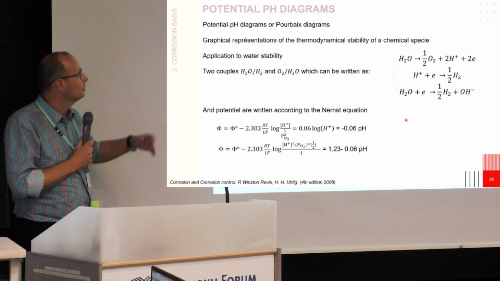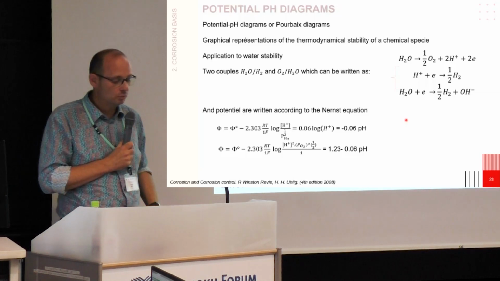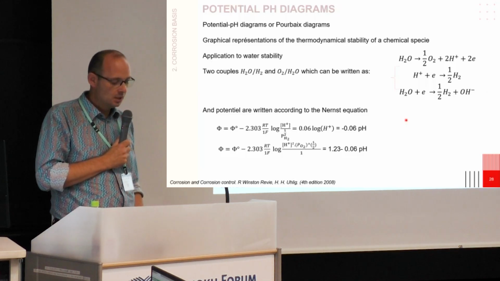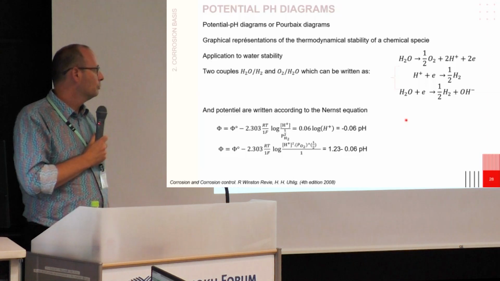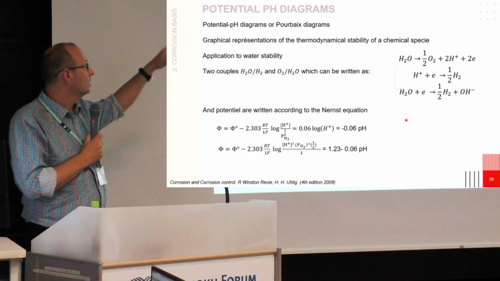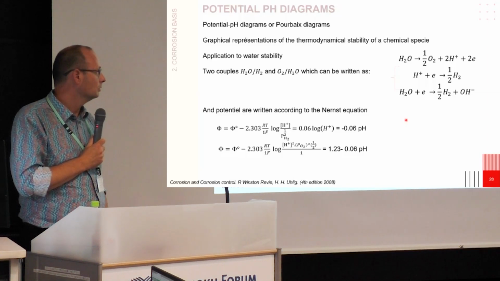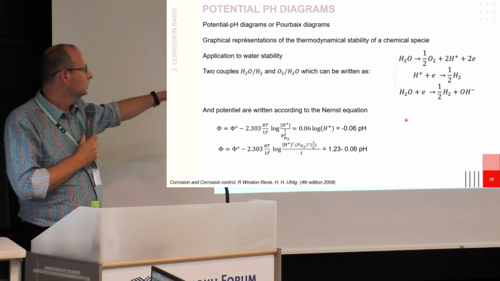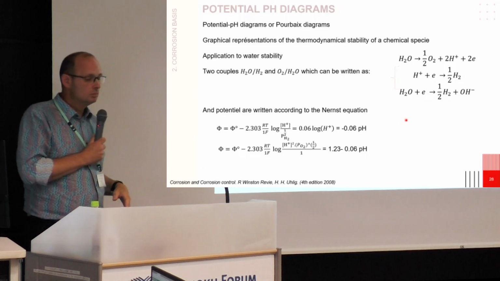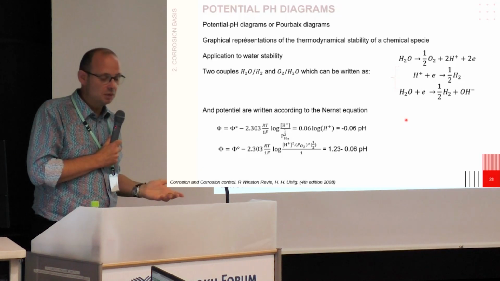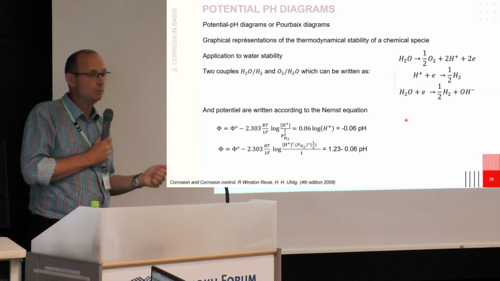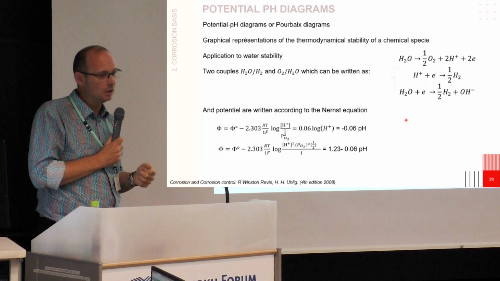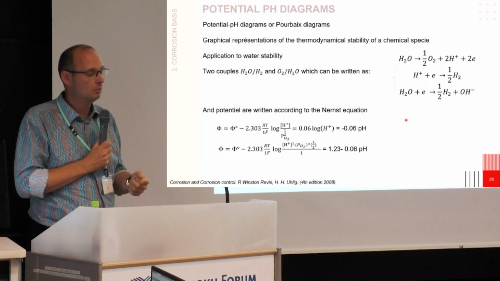I will talk about other diagrams, which are called Pourbaix diagrams or potential-pH diagrams. These diagrams were drawn by Pourbaix and his team in the early 1940s. The idea was to predict the stability, not only of metal, but also of oxide. And the second idea was to predict this stability in water.